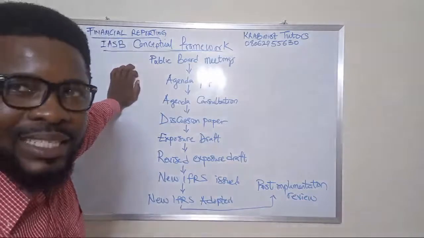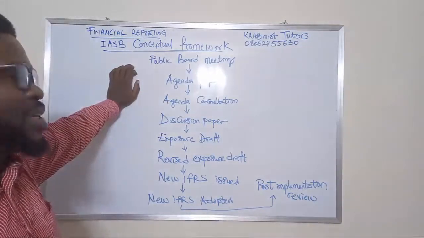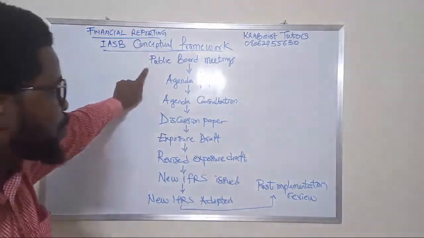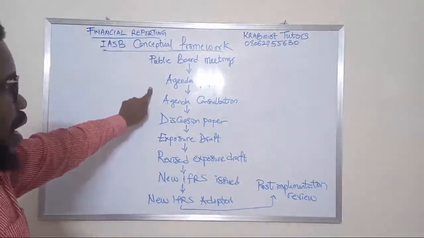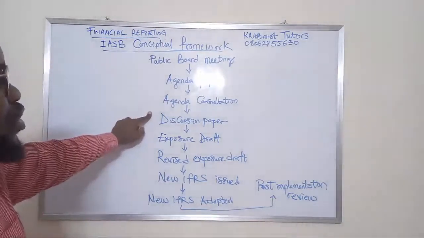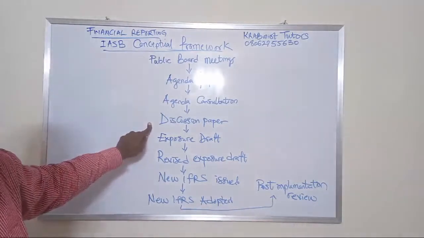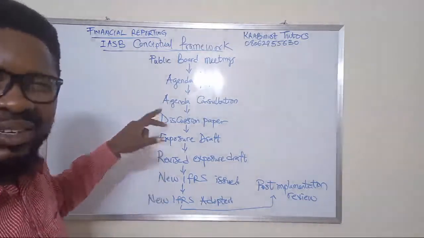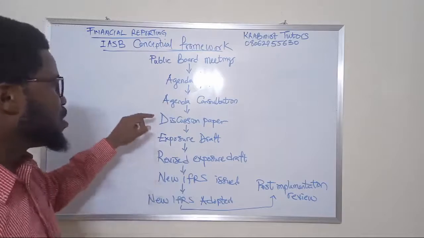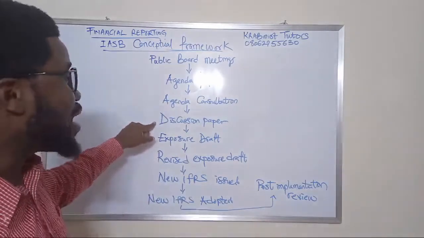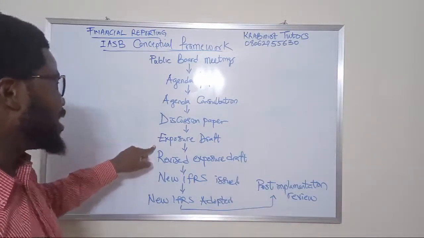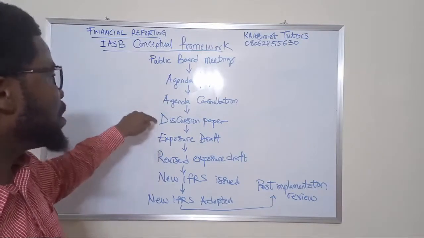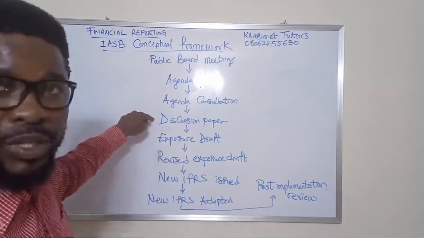These are the processes normally taken by the IASB in developing a new standard. There's a public board meeting, agenda papers, agenda consultation. Discussion papers will be issued out to the public.